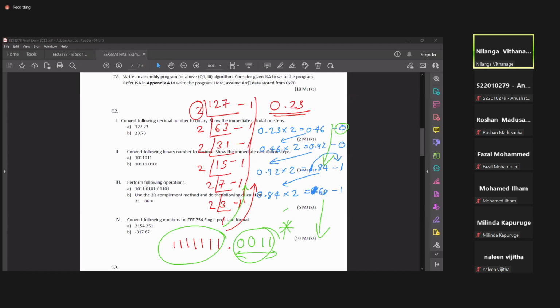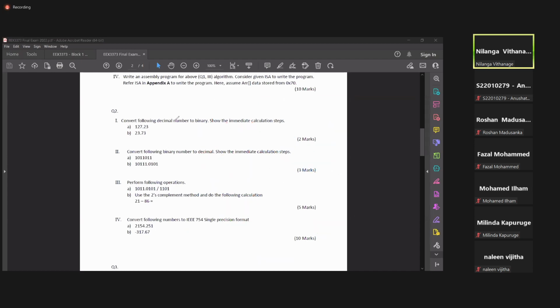But for assignments, essay-type assignments, it's better to go a little further, at least 8.